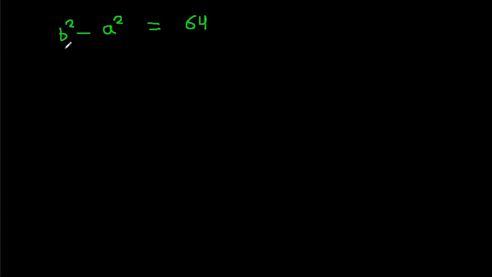And b square minus a square is (b plus a) times (b minus a), which is 64.